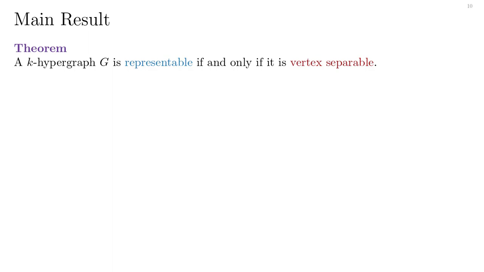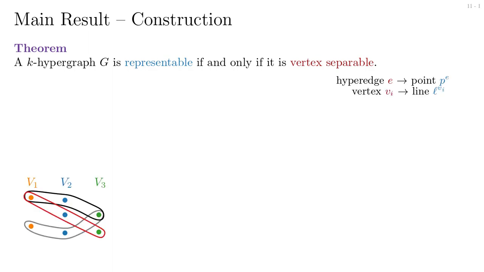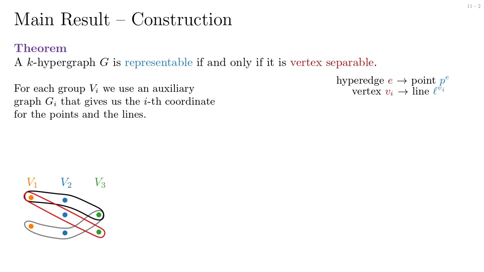Now I will show you how, from a given hypergraph, to get an axis-aligned point line cover instance. First, I remind you that hyperedges represent points in the point line cover instance, and vertices represent lines. For each group Vi, we use an auxiliary graph Gi that gives us the i-th coordinate for the points and for the lines.